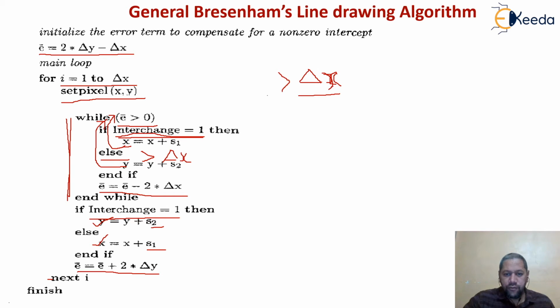Whereas if delta y is greater, y is always incremented or decremented by 1 and x depends upon the sign of the error term. So this is the complete Bresenham's algorithm.